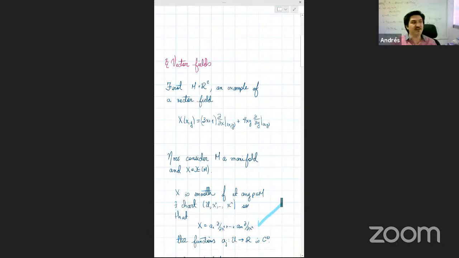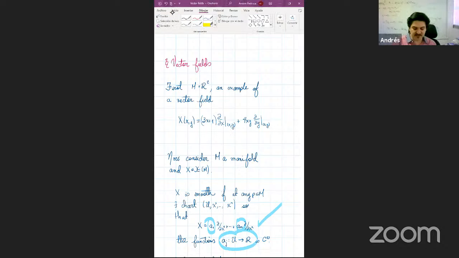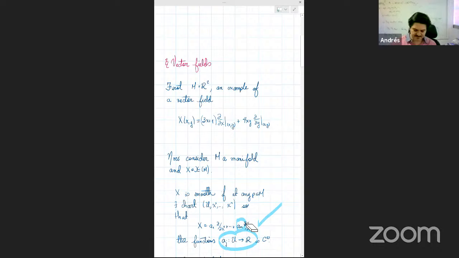And moreover, we are always interested in smooth objects. In this case, a smooth vector field. And that means that the coefficient functions are smooth functions on that open set of the chart. Right?